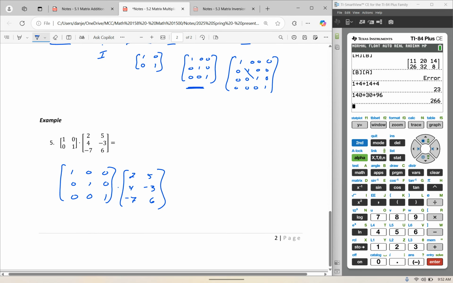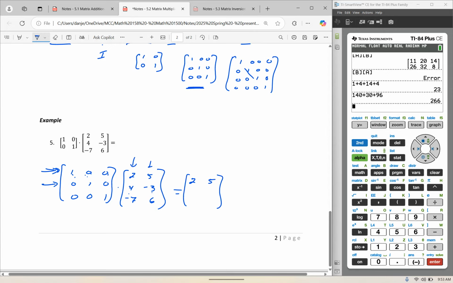So we're going to do the first row, 1, 0, 0, times the first column, 2, 4, negative 7. 1 times 2 is 2. 0 times 4 and 0 times negative 7 are all 0, so we just get 2. When I multiply the first row times the second column, 1 times 5 is 5. 0 times negative 3 and 0 times 6 are 0, so we just keep the 2, 5.